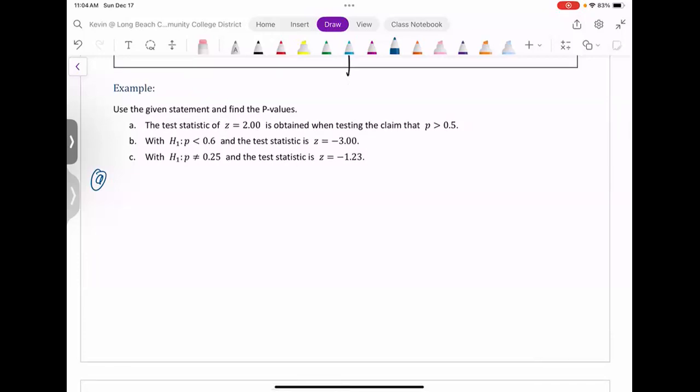So here the test statistic, and for this one, our null hypothesis is that p is equal to 0.5, and our alternative is that p is bigger than 0.5. So here we have a right tail test. So let's draw our picture.